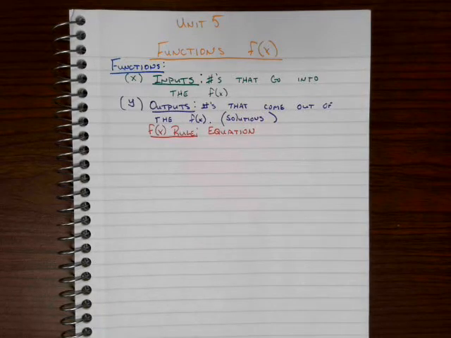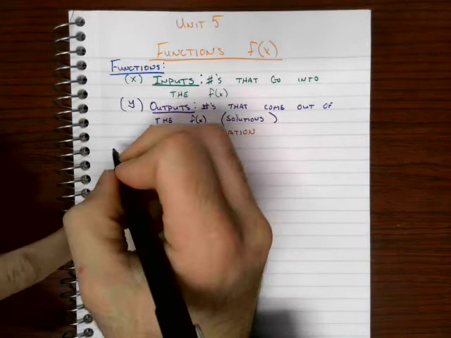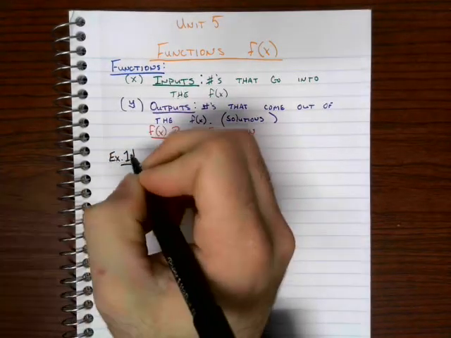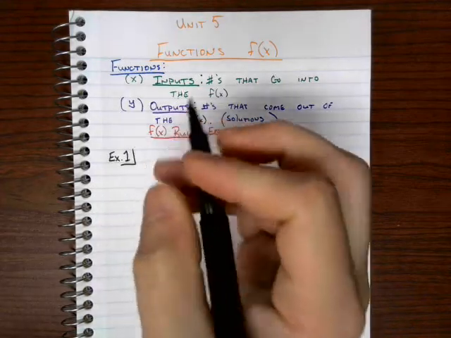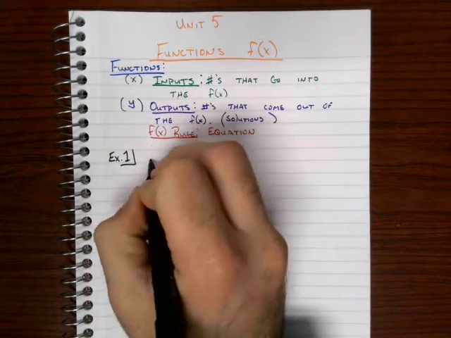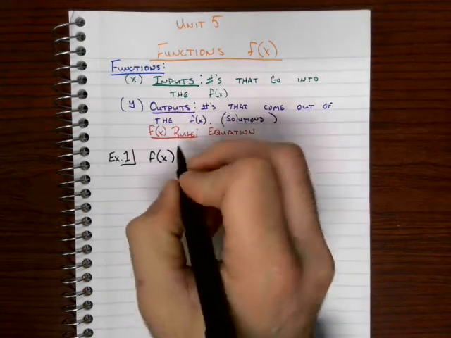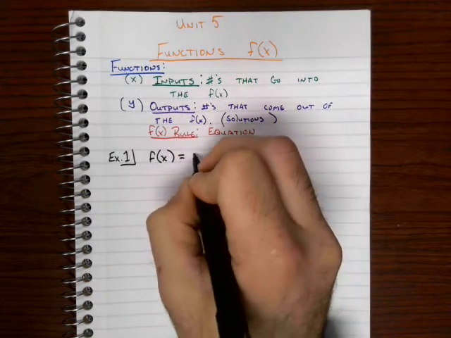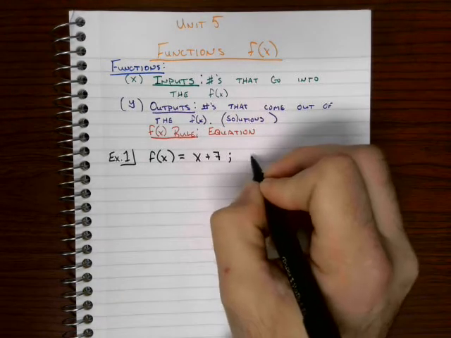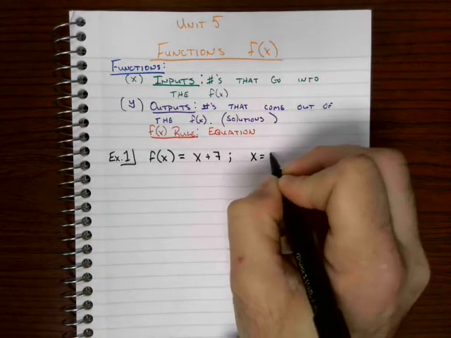So when we see a function, what does a function look like? We're going to do an example. Your problem will say something like this: f of x equals x plus 7, with a semicolon, when x equals 4.